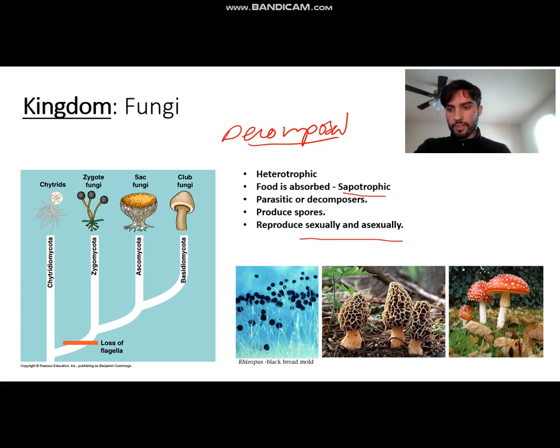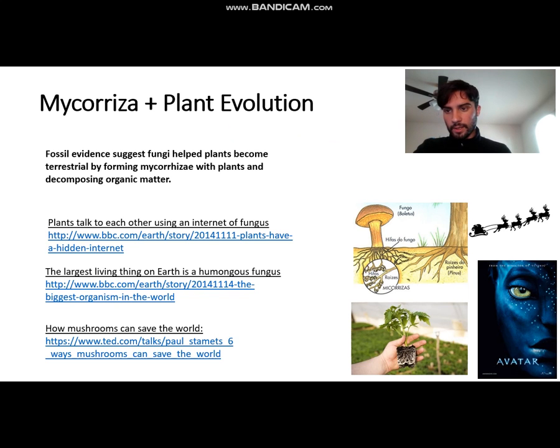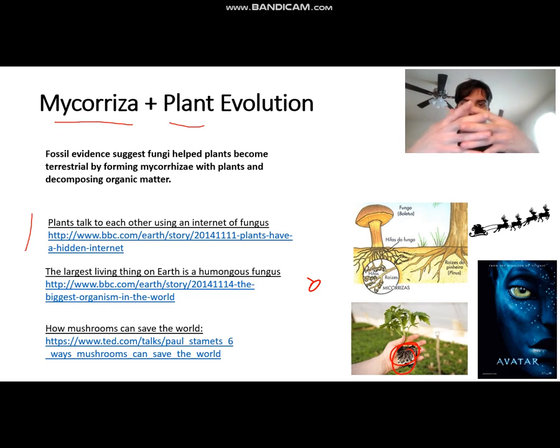So I'll not get into much detail in fungi, but just here some important things to have in mind. So fungi make mycorrhiza with plants, which basically is the plant root having a connection with the hypha, the fungus root, and this will help the plant to absorb nutrients, and also it connects one plant with another plant.